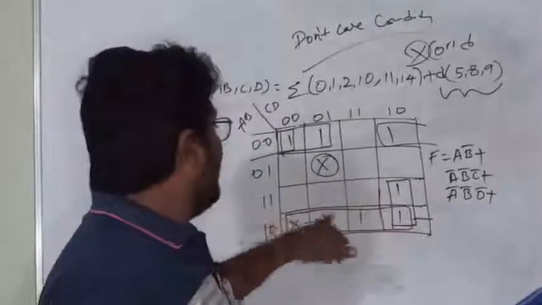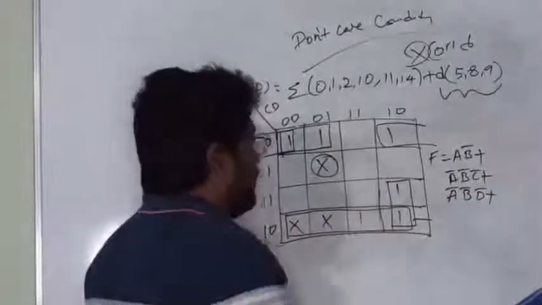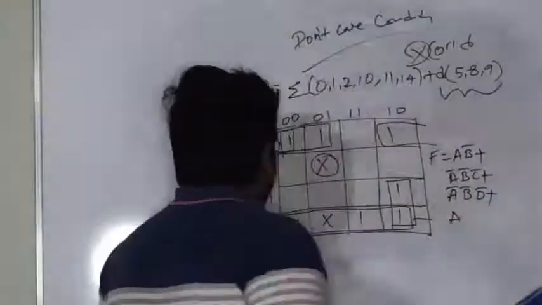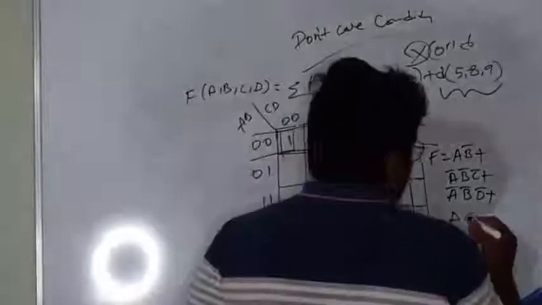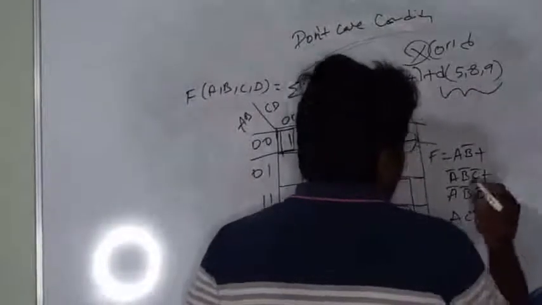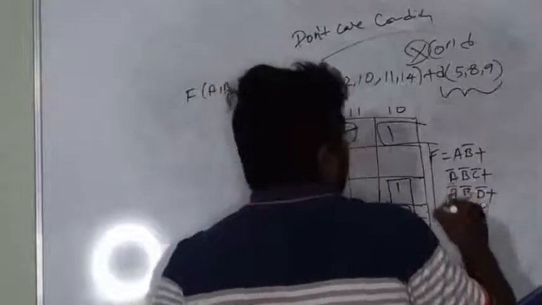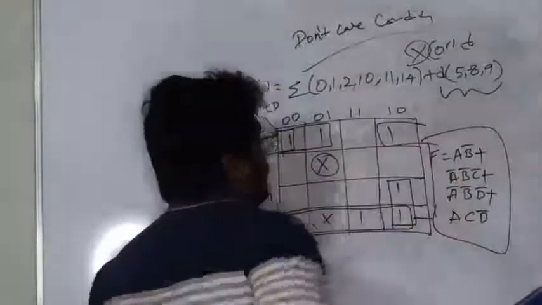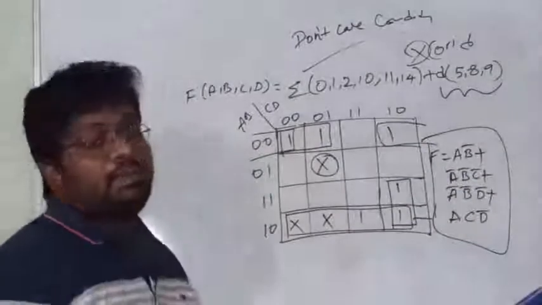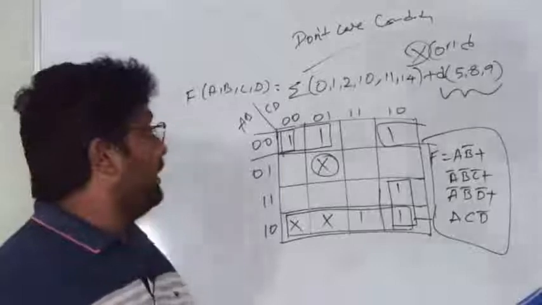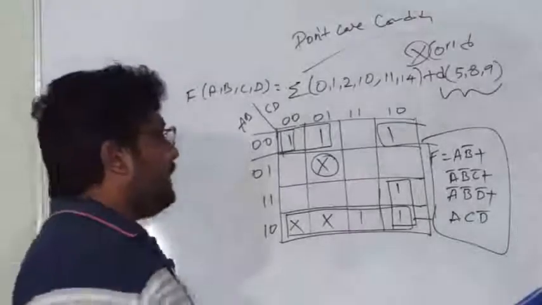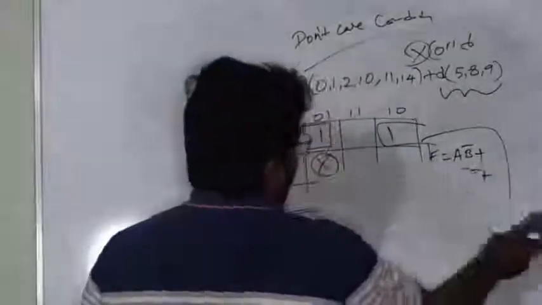For this pair, the A value is not varying, the B value is varying, and C and D values are not varying, so A C D complement. So this is the minimized Boolean expression, the minimized K-map expression that we got from the given expression. Next one is the 5 variable K-map.